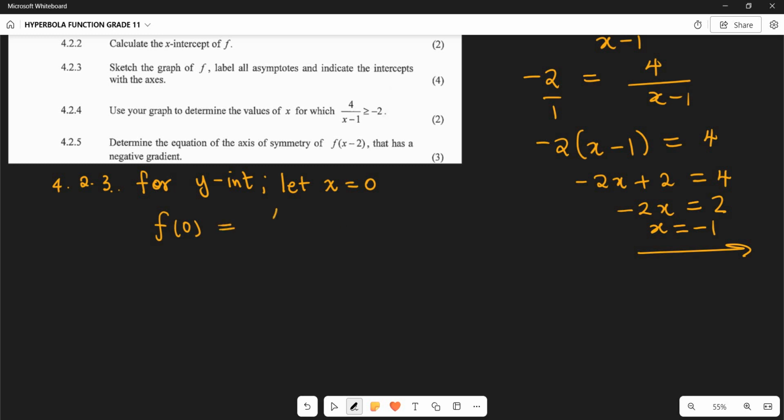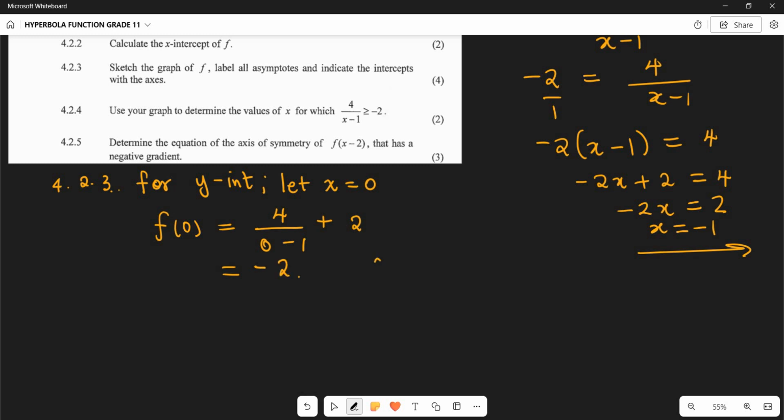By 0. So this is going to be 4 divided by 0 minus 1 plus 2. Then you can use your calculator quickly and you get your answer there. 4 divided by negative 1 is negative 4 plus 2. That will give us negative 2.